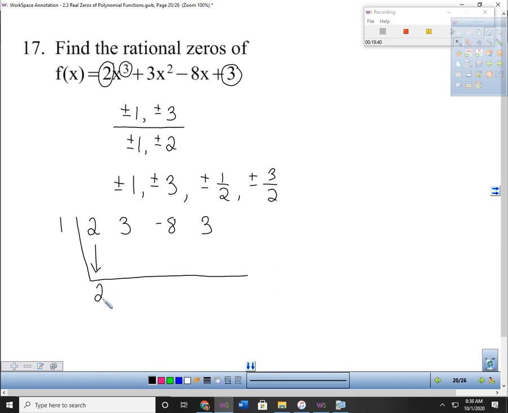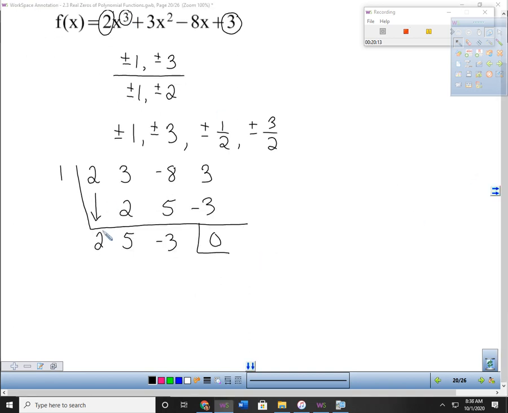Drop the 2, times 1 is 2, plus 3, 5, times 1, 5, plus a negative 8 is negative 3, times 1 is negative 3. Remainder of 0.